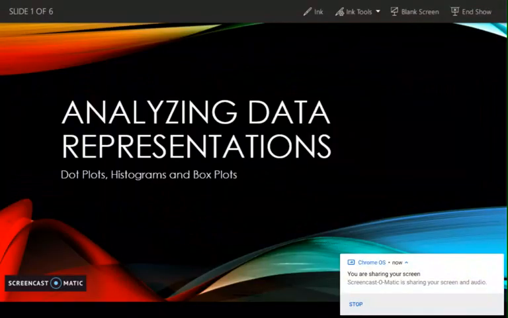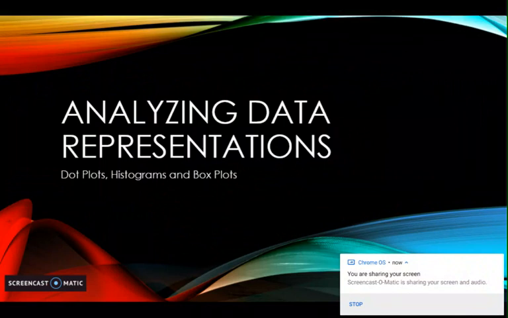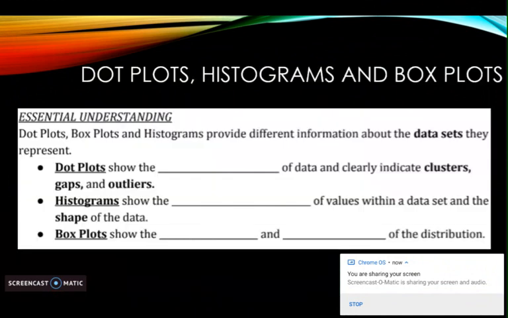All right, so we're going to look at analyzing data representations, specifically from dot plots, histograms, and box plots. These three ways to represent data provide us with different pieces of information.